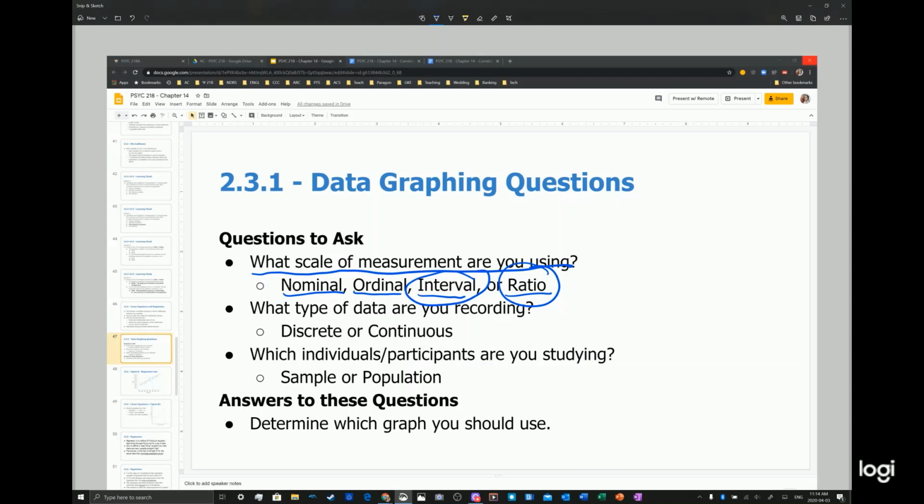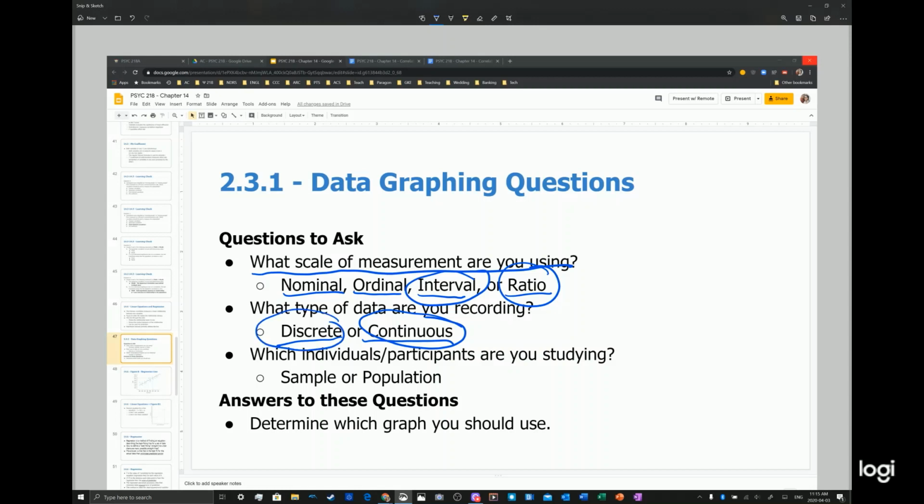The next question would be, well, what type of data are you recording? Is it discrete? Here, think integers, and continuous, think decimals. For interval and ratio, we're going to focus on continuous data, although discrete data is also possible.